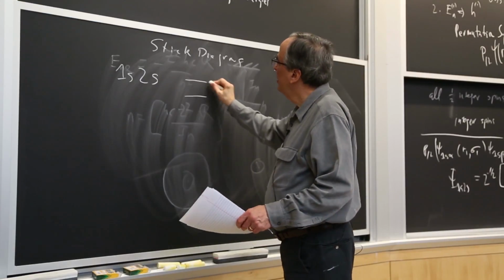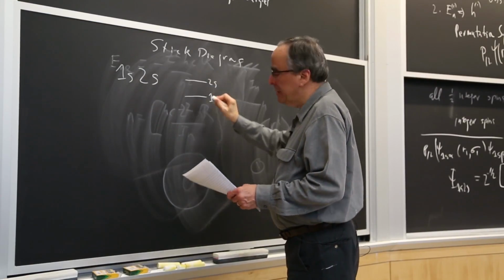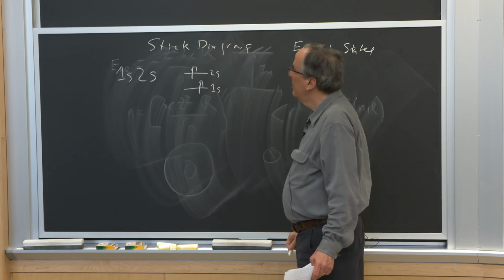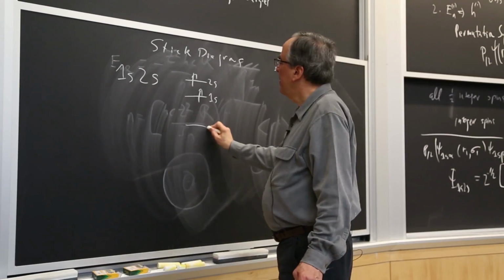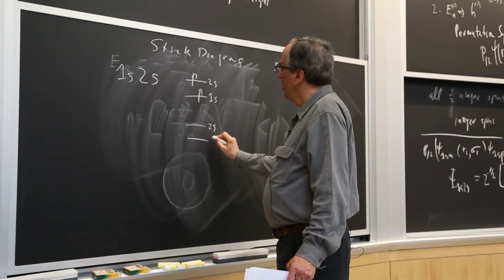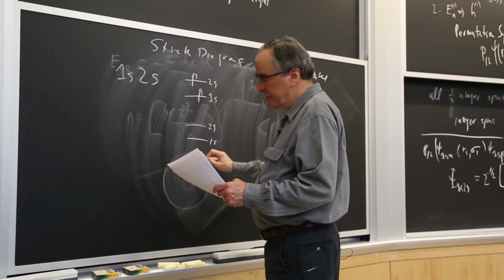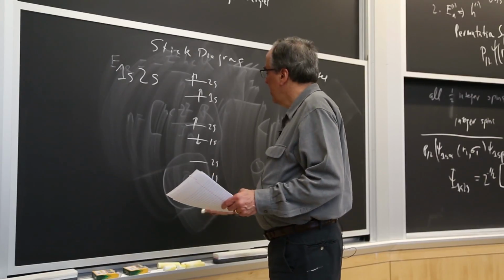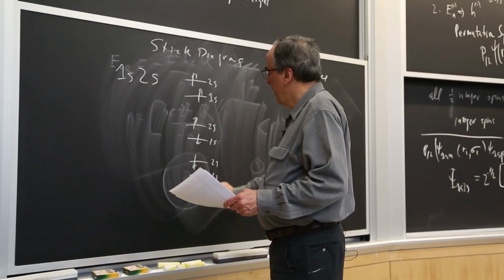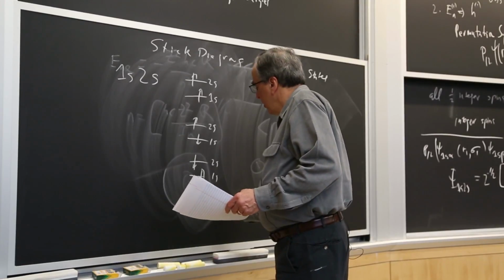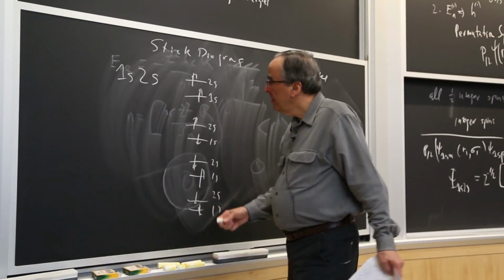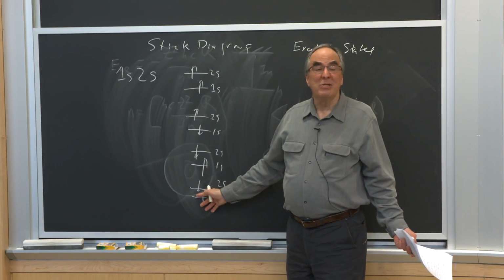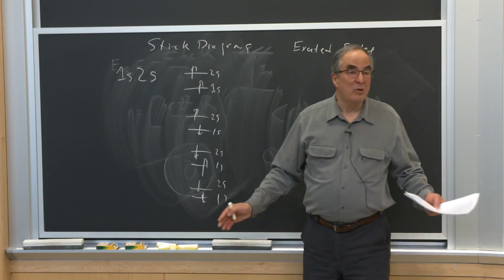So we have 1s, 2s, and we can have spins up, alpha, alpha, and we can have 2s, 1s spins up and down, spins down and up, and spins down, down. It's much easier to write these things because they have an equation associated with them, and you can play with these symbols.